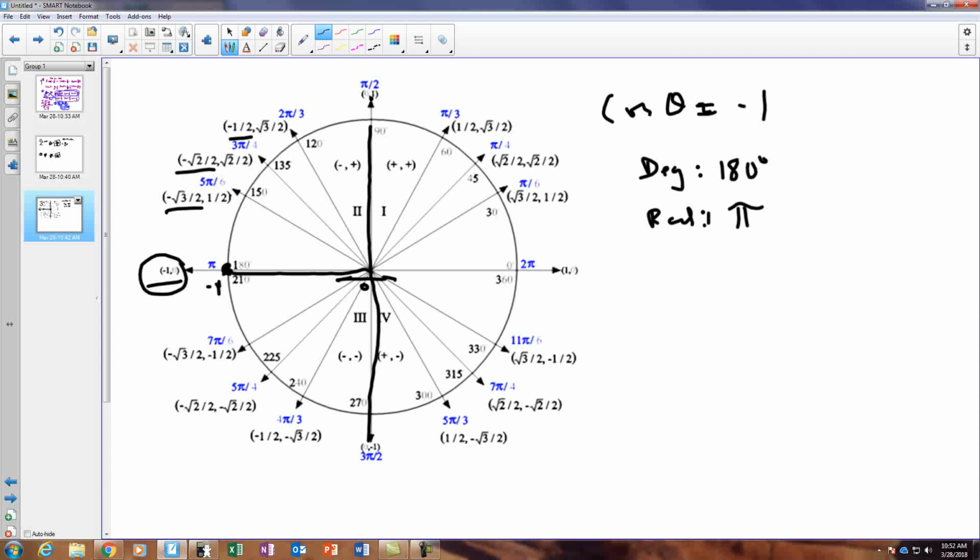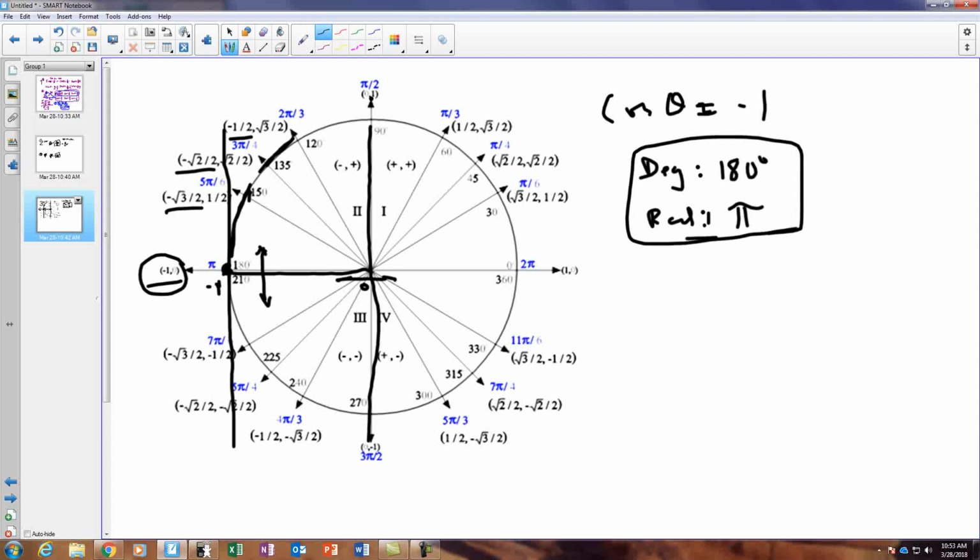I can't move this way, but I can move up and down. Okay, I can move up and down because the x will stay on the same line. However, if I move up and down, I leave the circle. I'm not going to stay on the circle. So this is a case where if I move away from this point, I'm off the circle and I no longer have solutions. So this is one of the rare cases where we have just one answer.